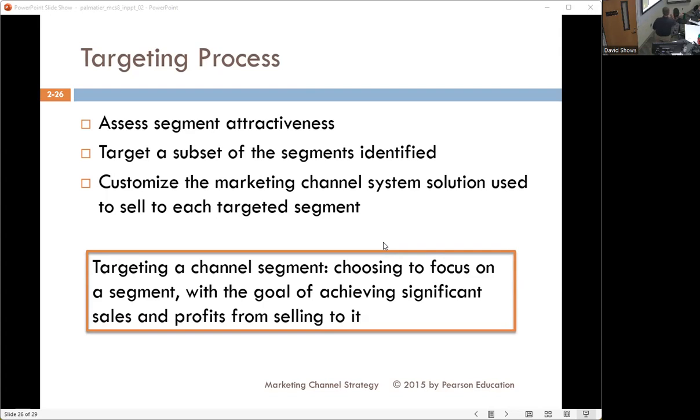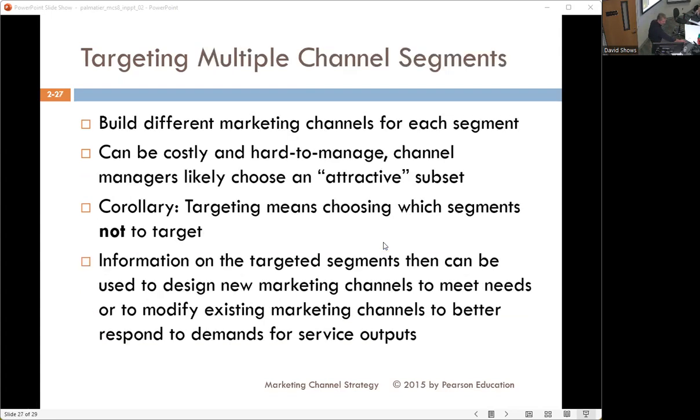Foot Sloggers, which is 2 blocks down the road, targets an entirely different group of individuals, totally different subset, totally different age group and whatever, and they do the exact same thing. They focus on that segment, they become experts in that segment, and ultimately that's how they achieve significant profits. And what it also means, and is important to understand, is that you also are choosing which segments not to target.